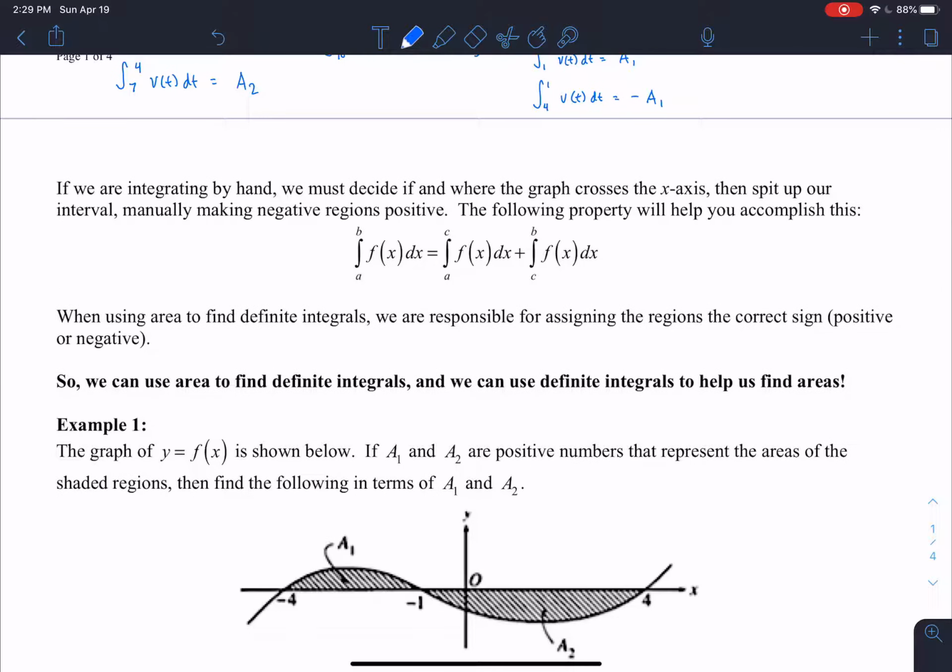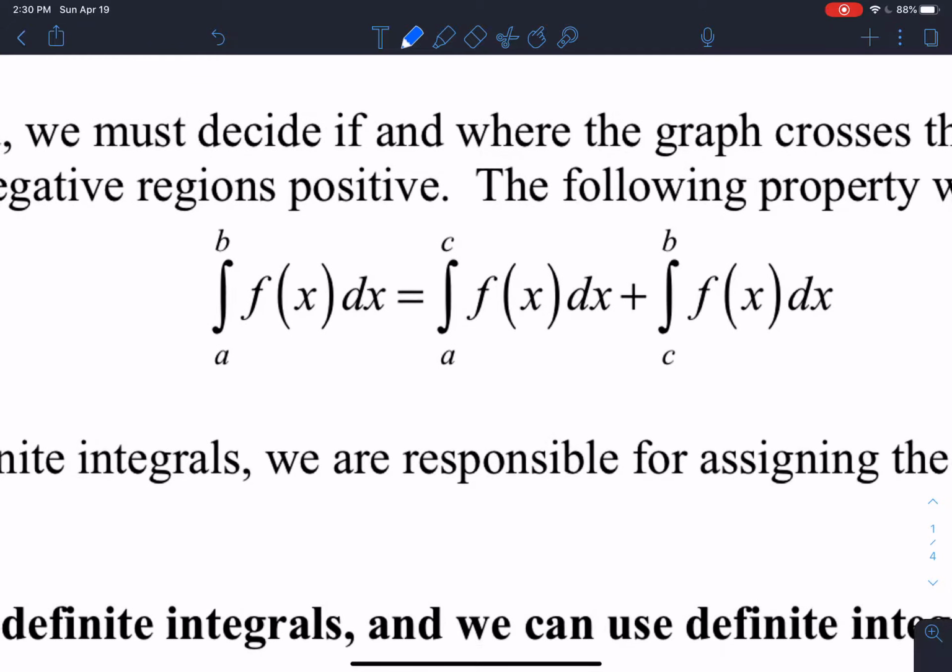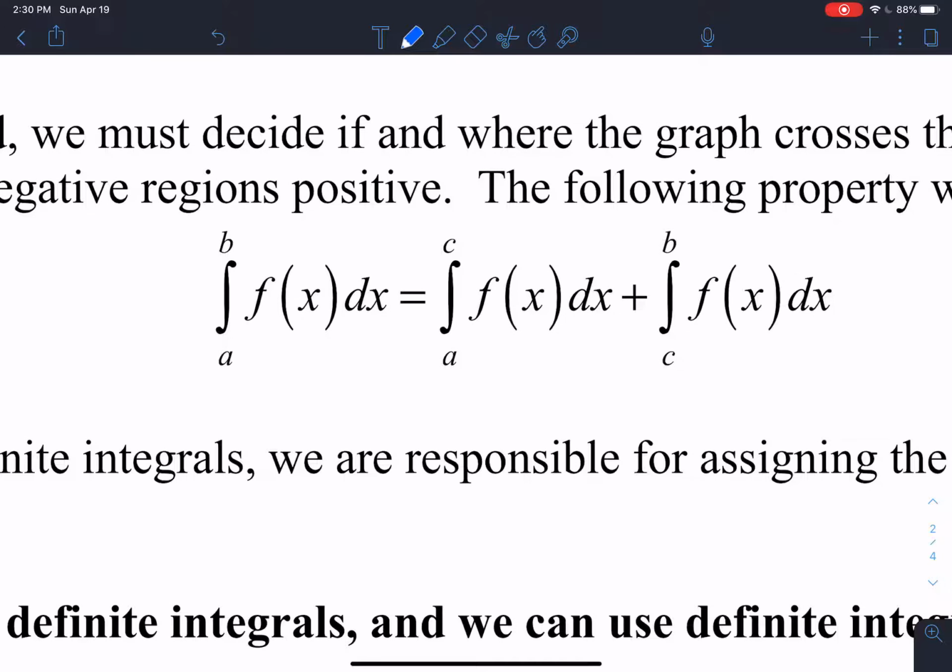Now, another rule you can use: if you have two regions, you can combine your integrals.